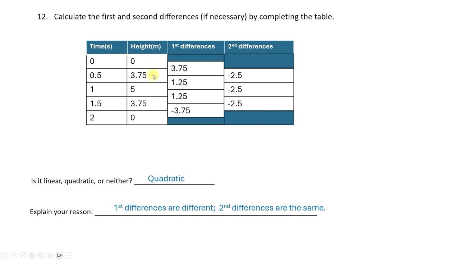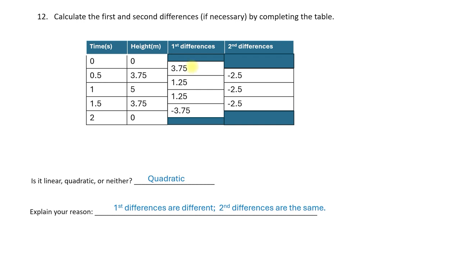So 3.75 minus 0 gives us 3.75. 5 minus 3.75 gives us 1.25. 3.75 subtract 5 gives us -1.25. And 0 subtract 3.75 gives us negative 3.75. So these first differences are all different. So that tells us right away that we don't have a linear equation.